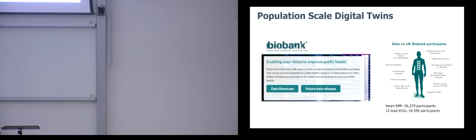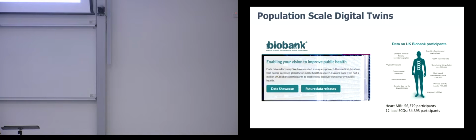The last thing I want to talk about, or I think this is the last thing, is how we scale these ideas up from making models of a single patient to being able to make models of large numbers of patients. For people who don't know, the UK has arguably world-leading, definitely world-competitive, biobank resources.